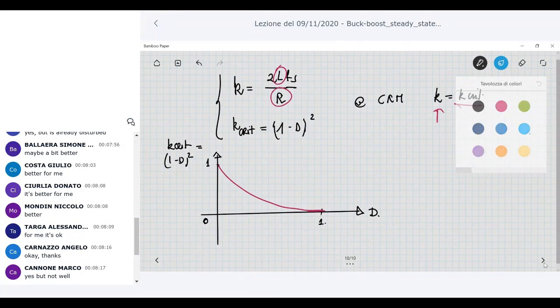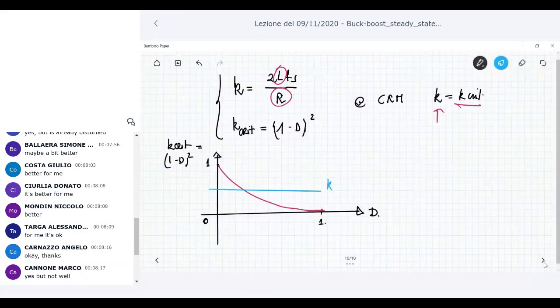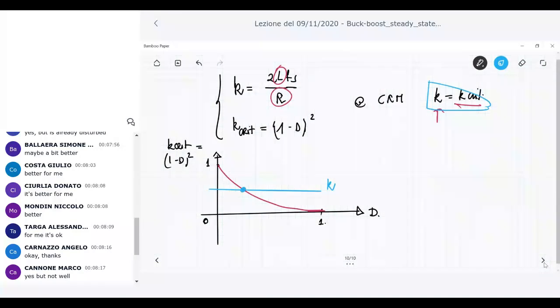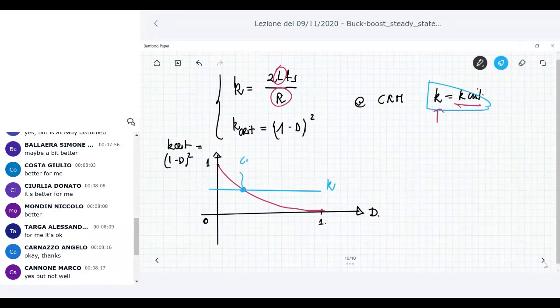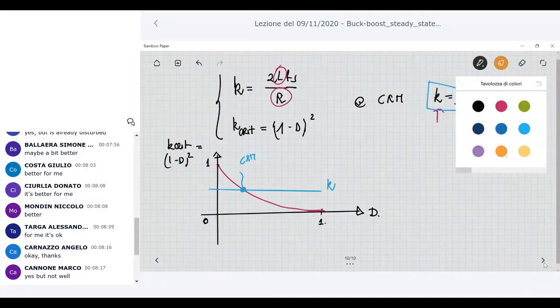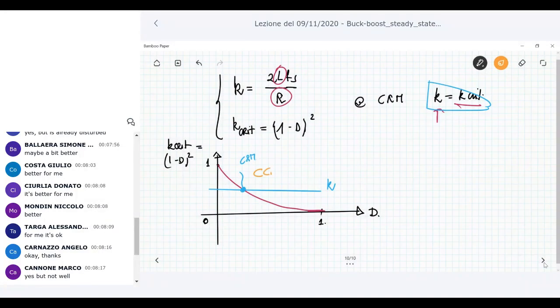For example, if you have a K between 0 and 1, then where K is the same as K critical, you are in CRM. If you have K larger than this value, you are operating the buck boost in CCM. If you have a K which is less than this one, you have DCM.